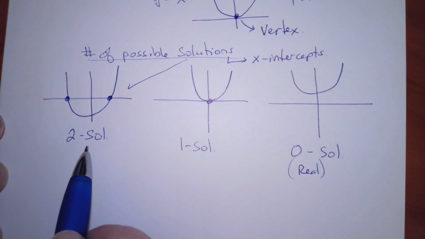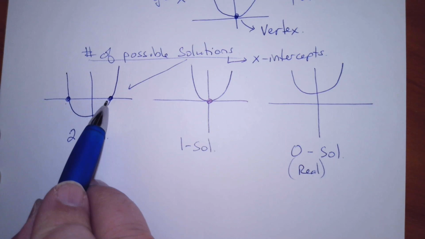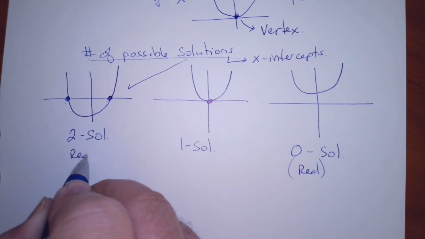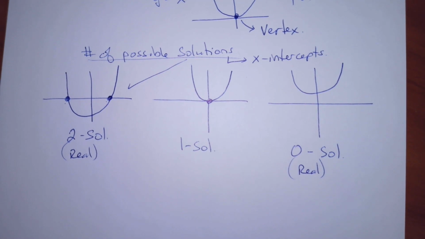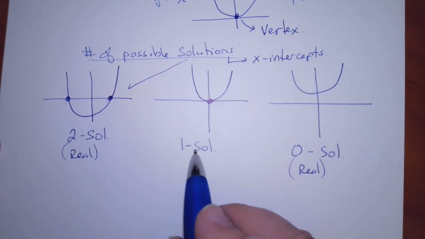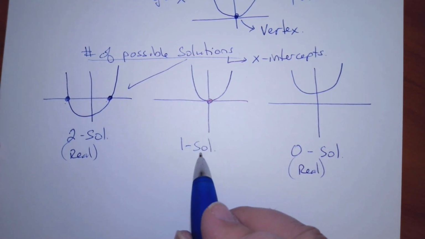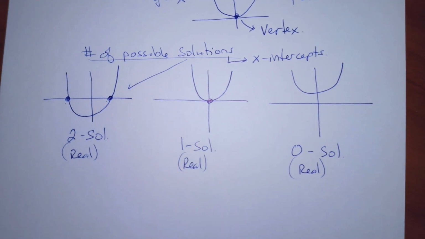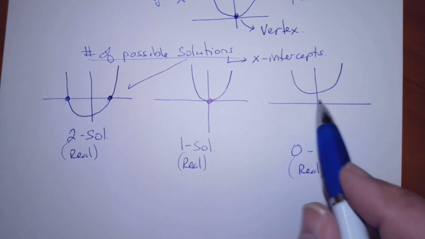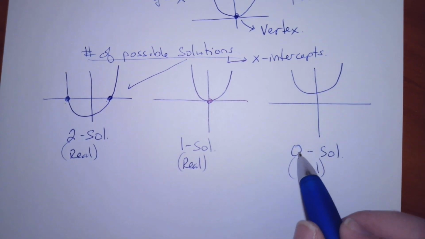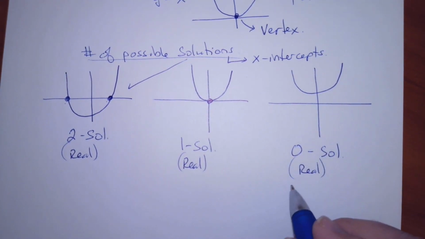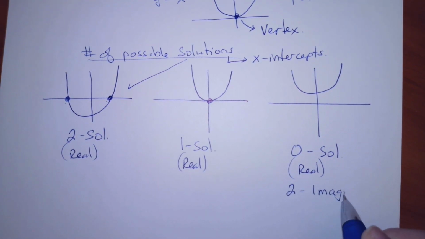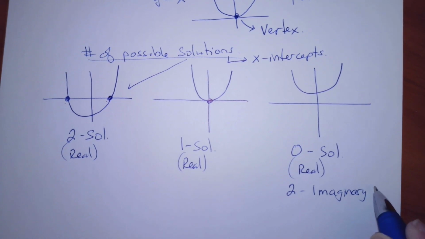So for an equation like this, if it crosses at 2 points, then we'll have two real solutions. If it touches at 1 point, we'll only have one real solution. But if it doesn't touch the x-axis anywhere, we're going to have no real solutions. We are going to have two imaginary solutions.